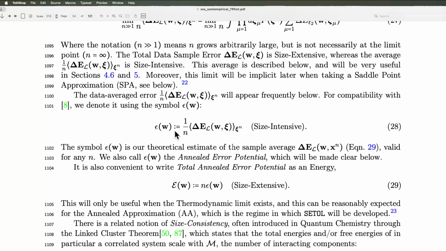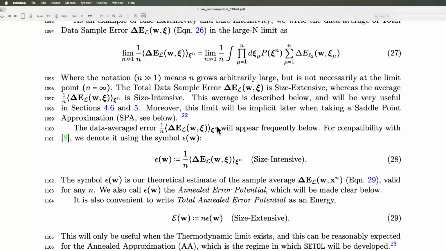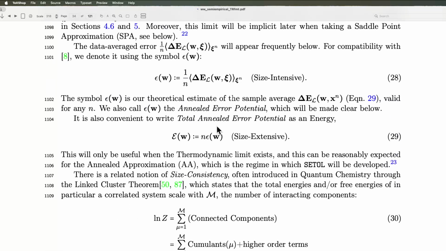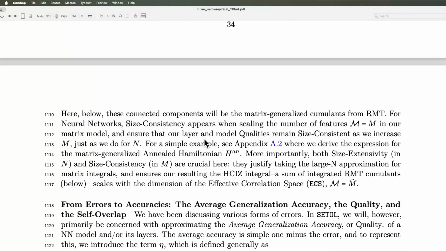If I double the size of the system, the entropy might double, but the temperature stays the same. So you have to decide what is intensive and what is extensive. In these theories, you have a free energy, and when you define the error, this total error has to scale properly in the infinite limit.